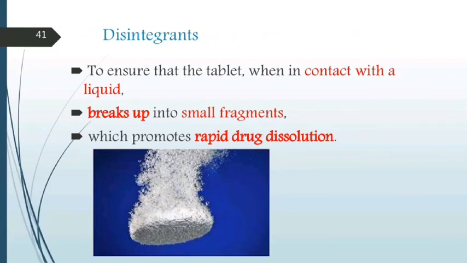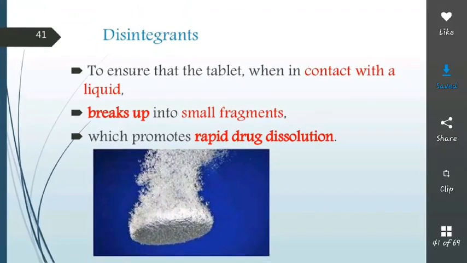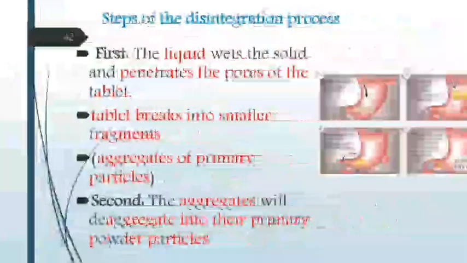Then number 2 is disintegrants. Disintegrants act by breaking down the tablet into small fragments during the dissolution stage. The disintegrants are added to increase rapid dissolution, so tablets will get more easily absorbed.